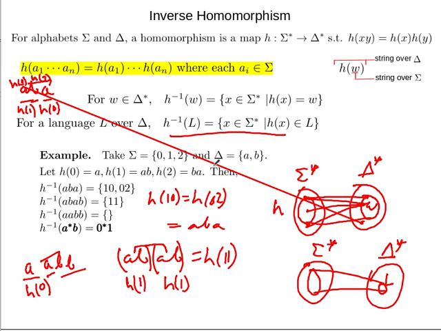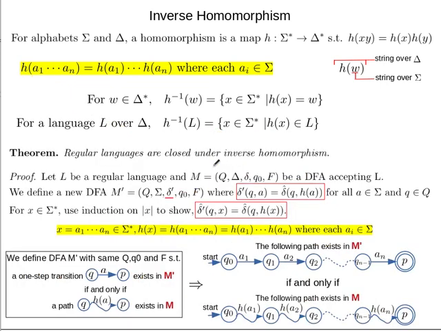Now we will prove that regular languages are closed under inverse homomorphism also. And to do that, what do we need to have in this H inverse of L? We should have all those x's such that H of x is in L, right? And we are saying that if this L is a regular language, then H inverse of L is a regular language.